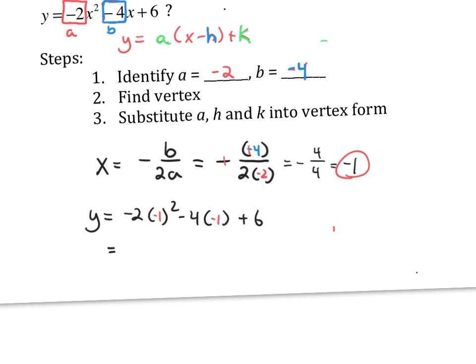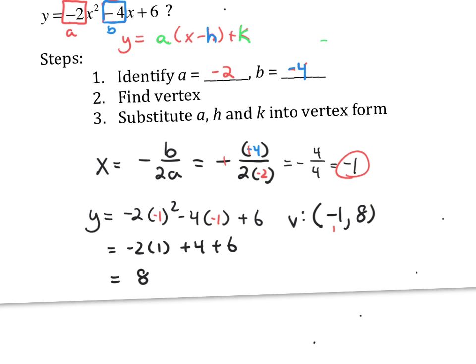Coincidentally, you might get the same result, but still do these ones first. So this one becomes a positive 1. So I'm going to write that down as a positive 1, plus the 4, plus the 6. So negative 2 here, plus 4, plus 6, which is positive 8. So there's my vertex.